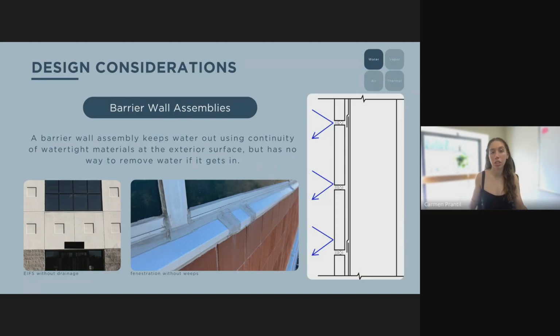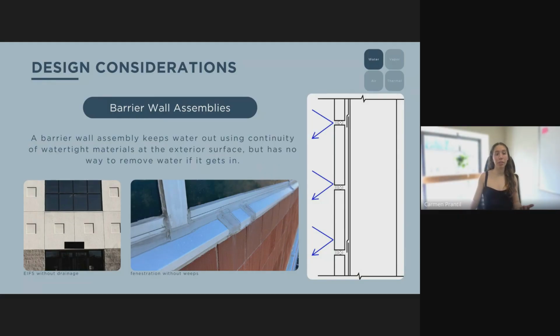So there are no drainage provisions in it. Contemporary examples of this would be eaves without drainage and some metal panel wall assemblies, like a warehouse metal panel wall or a pole shed, and then precast concrete or block wall with sealant joints and no weeps.